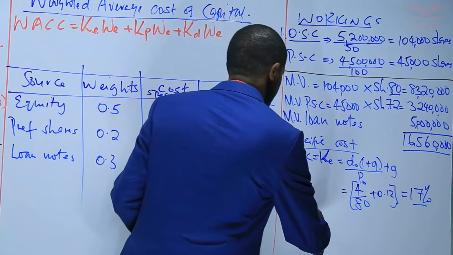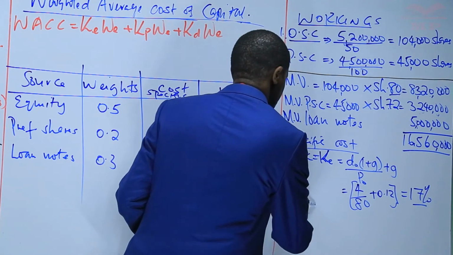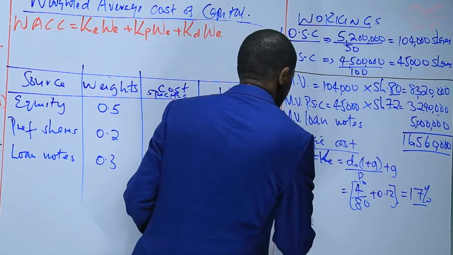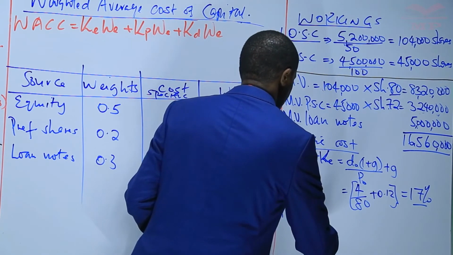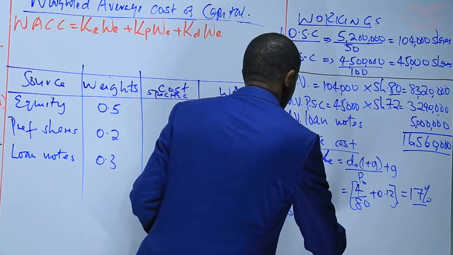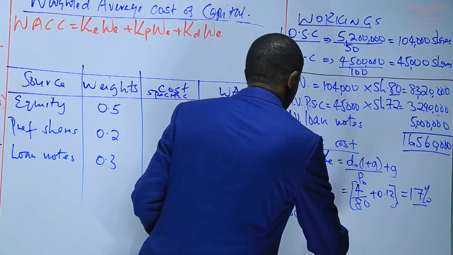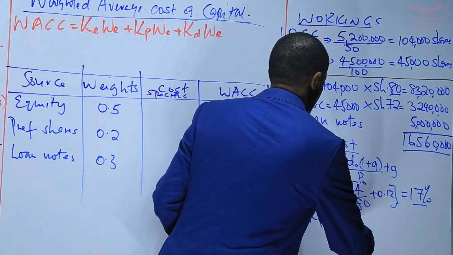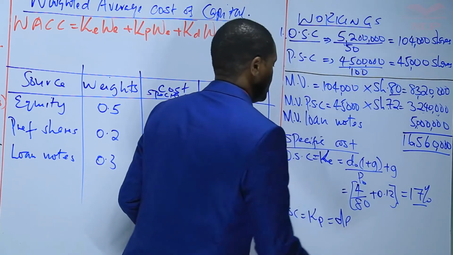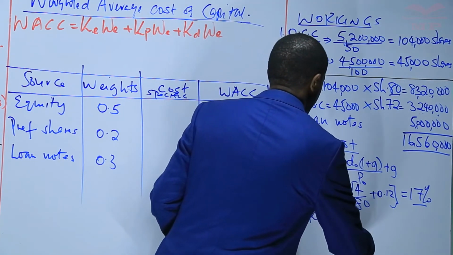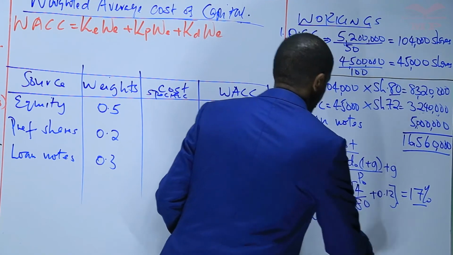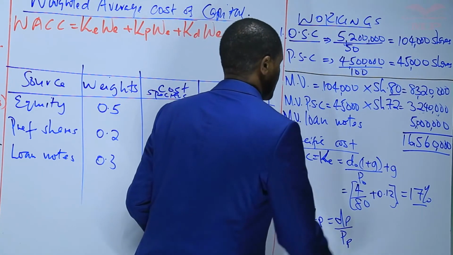The formula, this is the cost of preference shares, KP, is equal to DP divided by P naught, or PP, times 100.